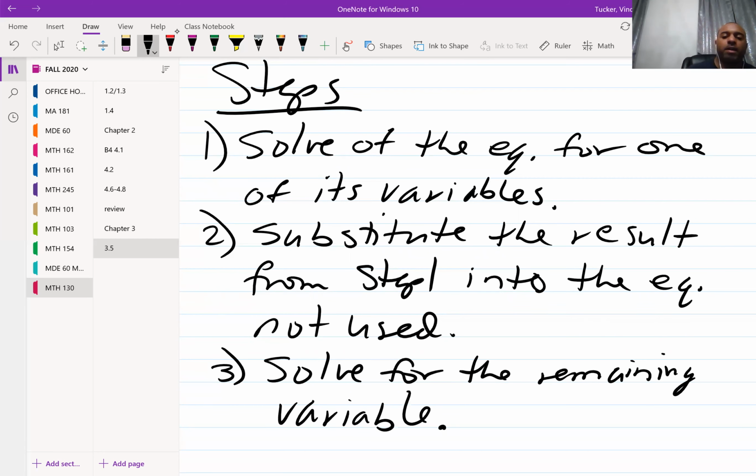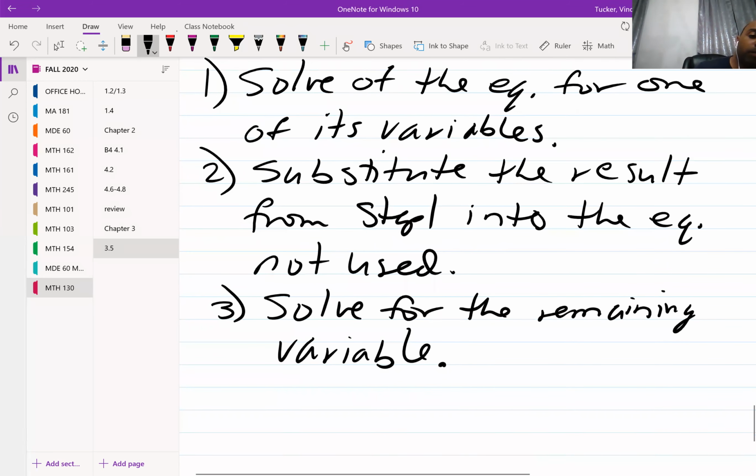So what's going to happen now, you're going to have one variable left, so you solve for the remaining variable.